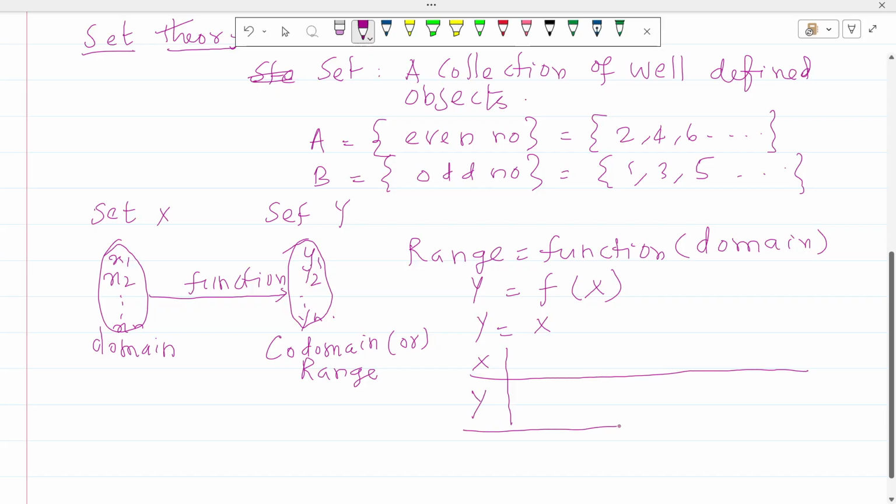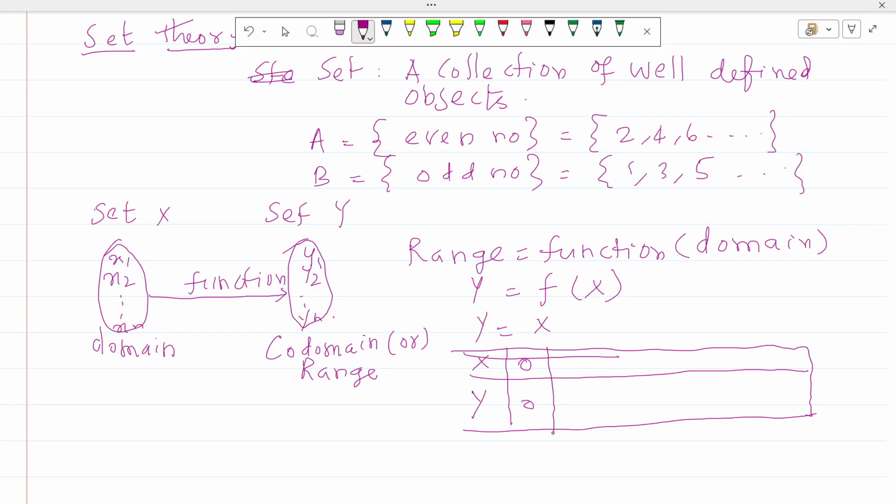So the meaning is, in case x is there, you can write the corresponding y value based on x. So when y equal to x, x equal to 0 means y equal to what? 0, 0. X equal to 1 means y equal to 1, 1. X equal to 2 means y equal to 2, 2.